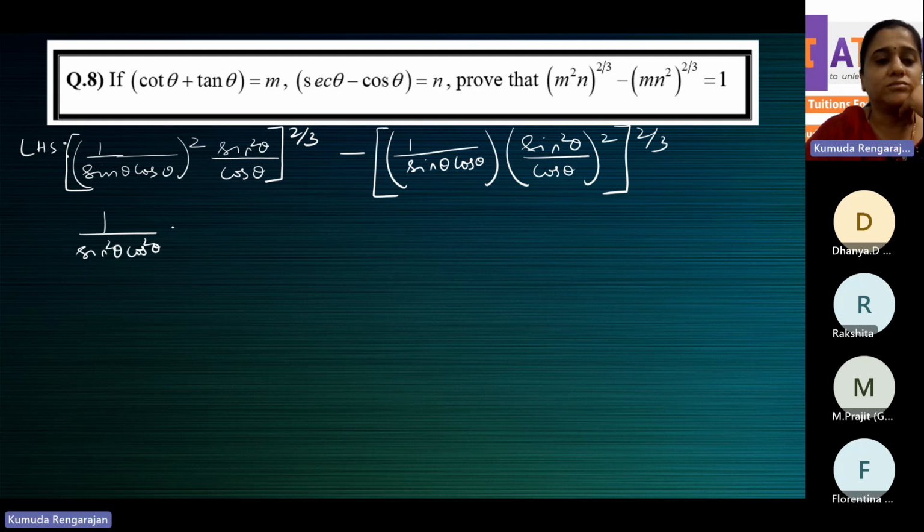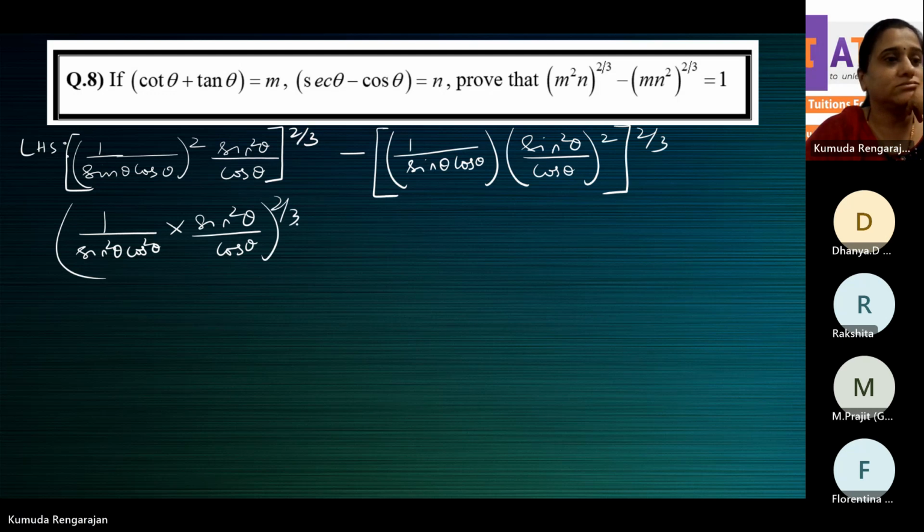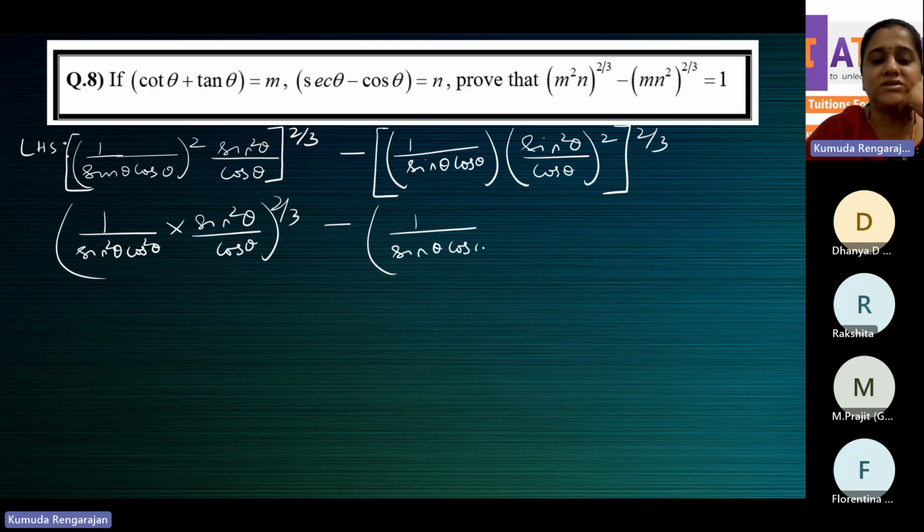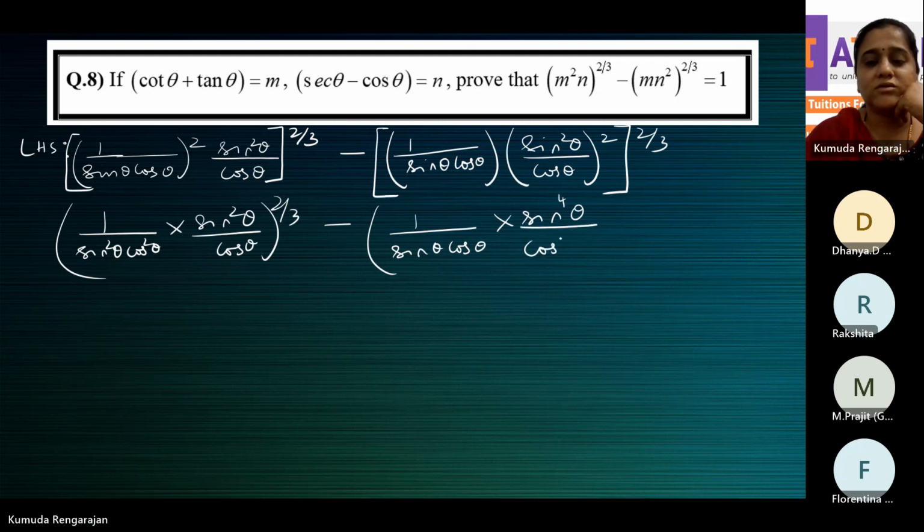Then into sin square theta by cos theta, the whole power 2 by 3, minus 1 by sin theta cos theta into sin theta to the power 4 by cos square theta, the whole power 2 by 3.